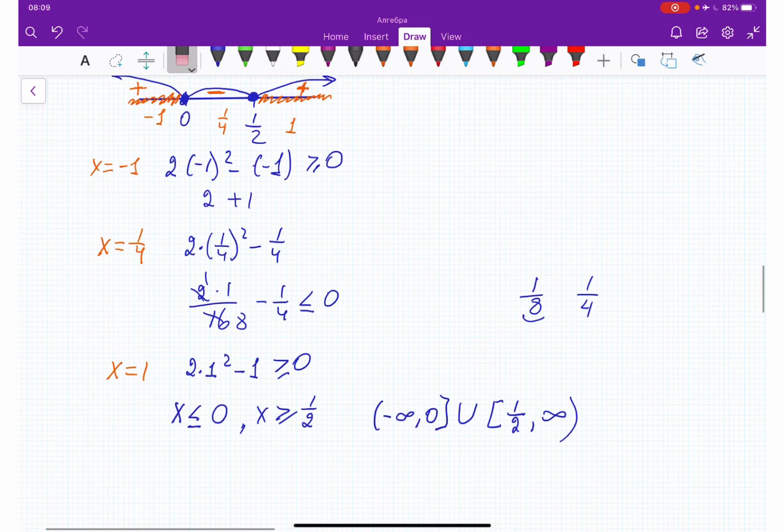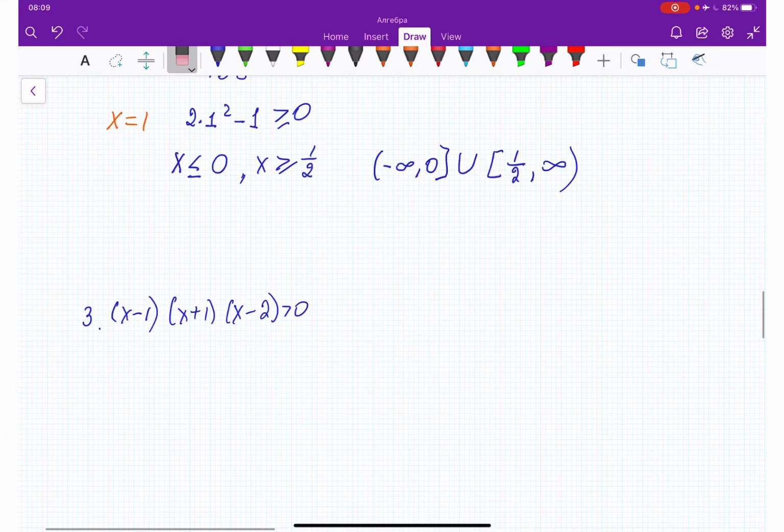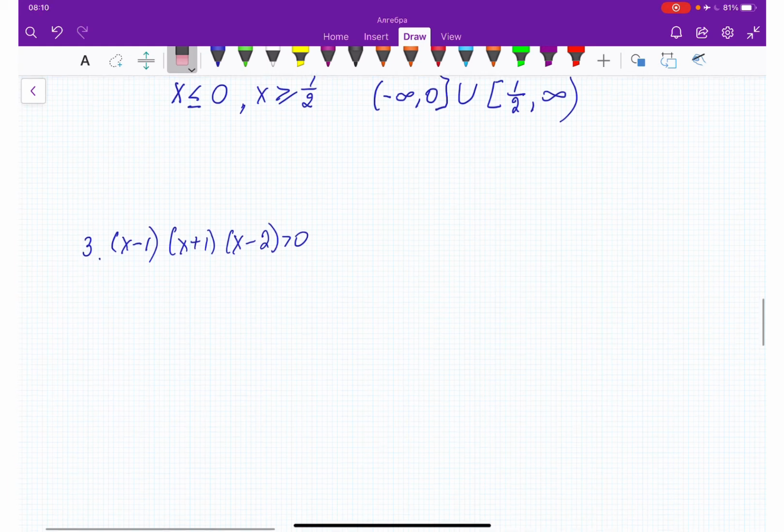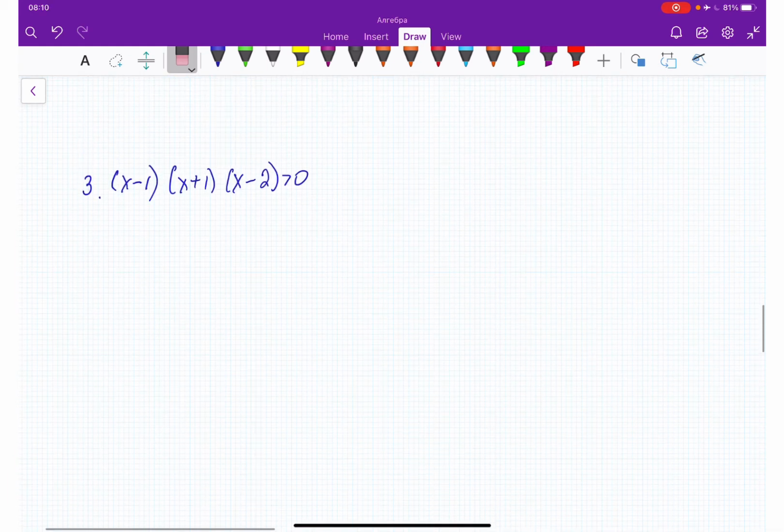Moving to the next problem. x minus 1 times x plus 1 and x minus 2. Okay, let's solve it. What are we going to have in this case? In this case we are going to have three terms.